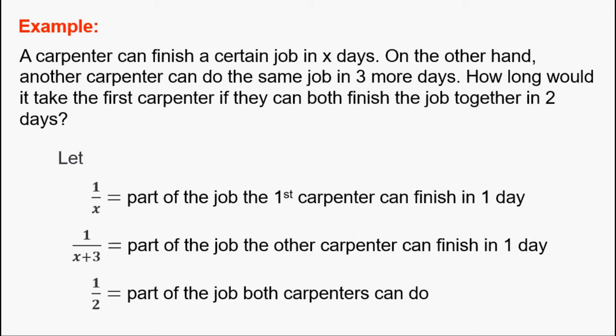Sumunod ay 1 over x plus 3. This is the part of the job the other carpenter can finish in 1 day. Nakabase yung araw ng ikalawang karpintero natin sa araw ng unang karpintero. And 1/2. This is the part of the job that both carpenters can do kapag nagtulungan sila.